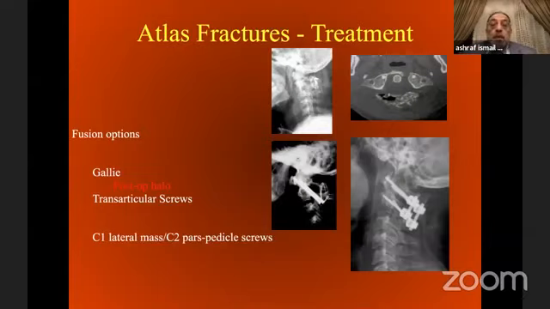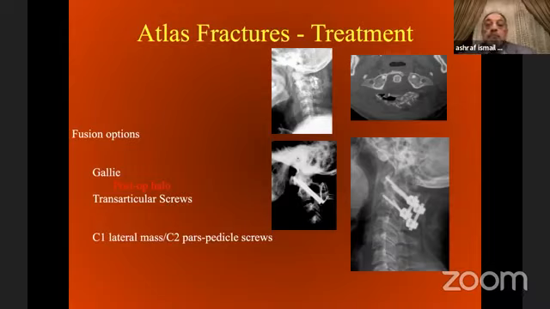As we see here, the upper left one. Sorry, the cursor doesn't move on my machine. The atlantoaxial wiring and the graft: this is the Gallie technique, where an iliac graft is put between the spinous processes of C1 and C2, and cerclage wire is applied.